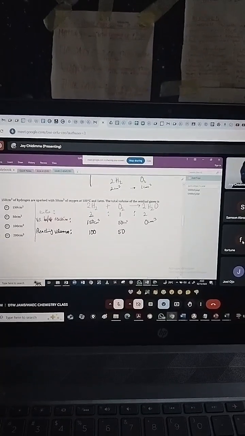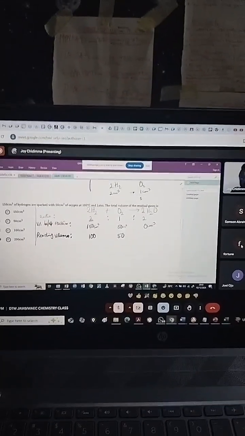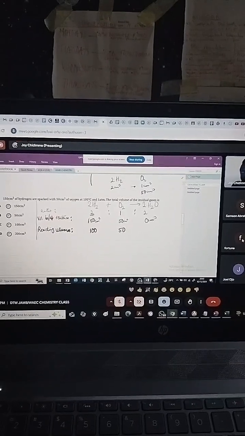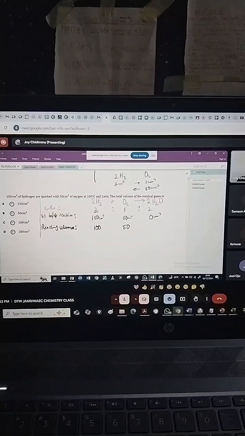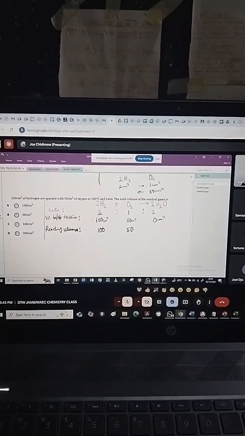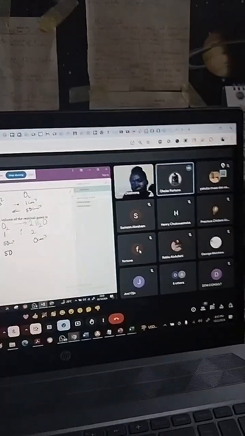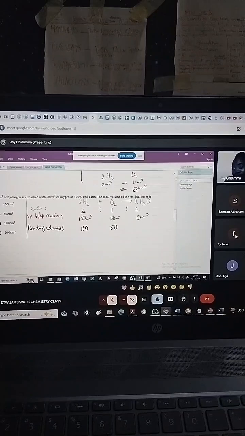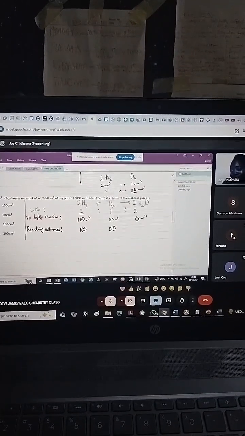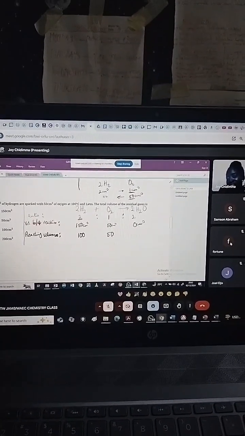Good. We are given 50 cm³ of oxygen. How many cm³ of hydrogen will react with 50 cm³ of oxygen? 150. So if you have 50 cm³, it will react with 150 cm³ of hydrogen. Is that what you're telling me?